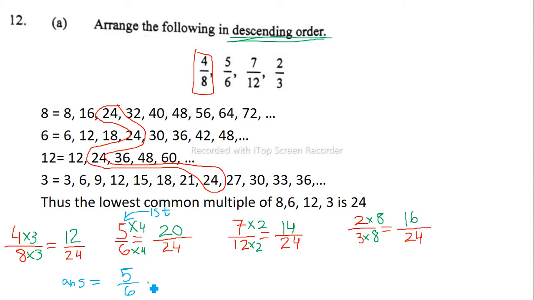What is the second biggest? 2 over 3. Yes, 16 over 24 comes second, so we write 2 over 3.